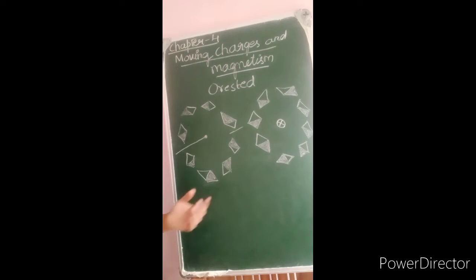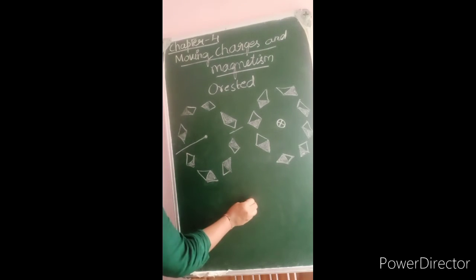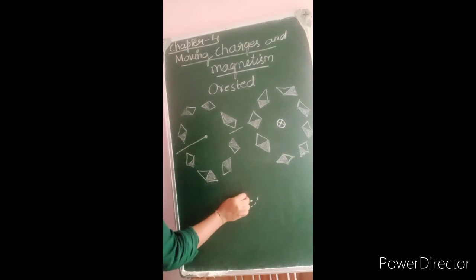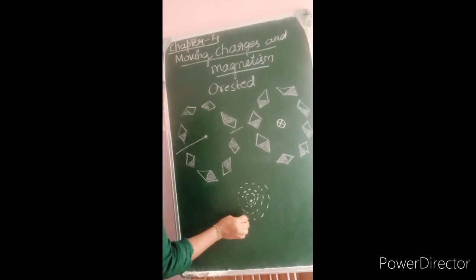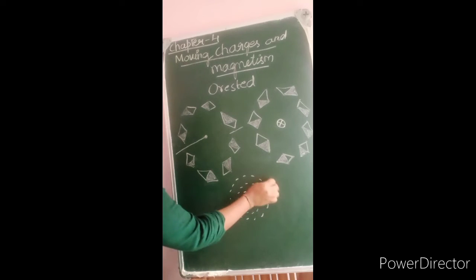Iron filings were sprinkled around the wire. The iron filings arranged themselves in the form of concentric circles. Say, if this is the field, when we sprinkle the iron filings on this current or field, they arrange themselves in the form of concentric circles.